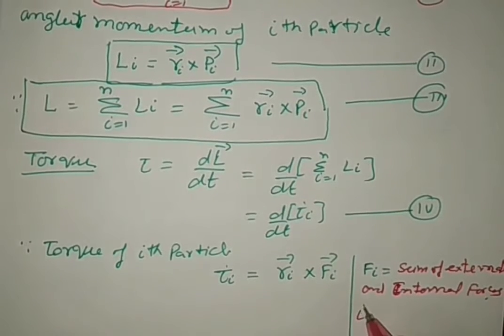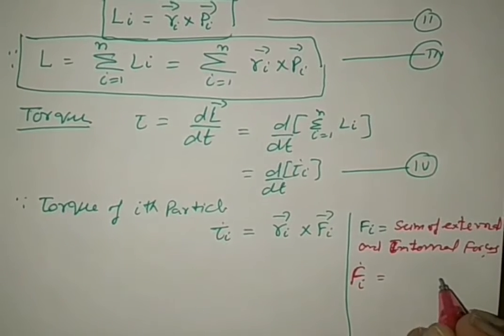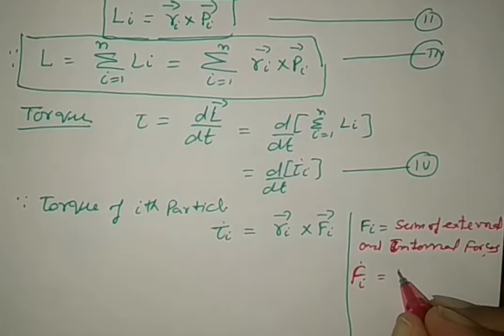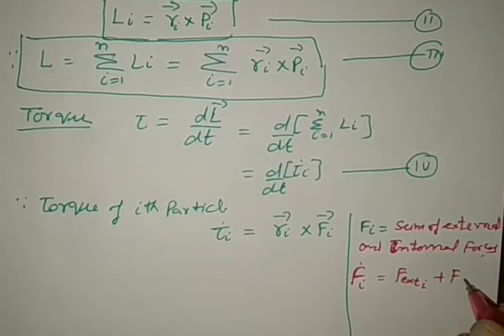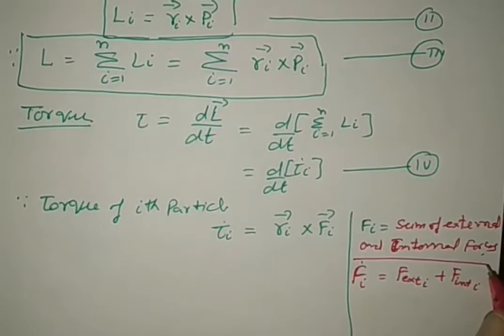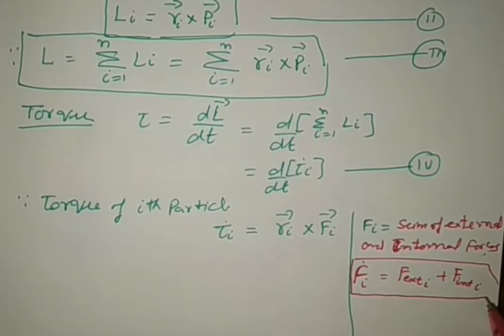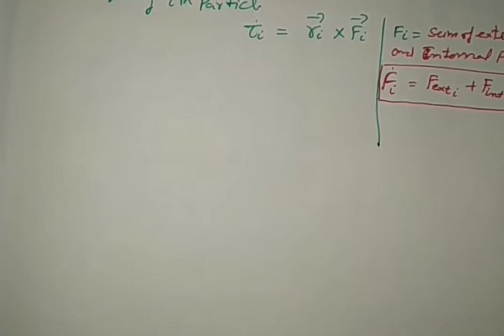So Fi can be written as F external i plus F internal i. See, sum of internal and external forces we know, right?